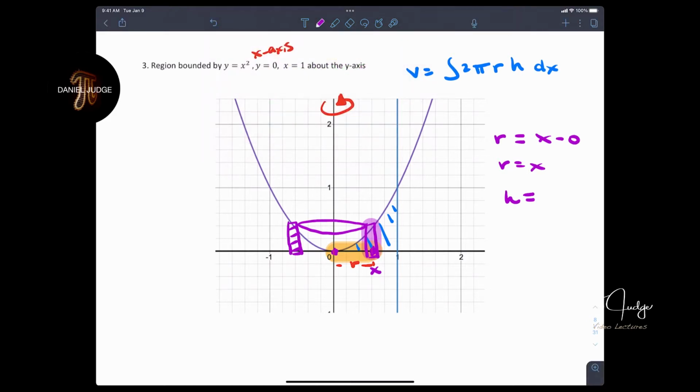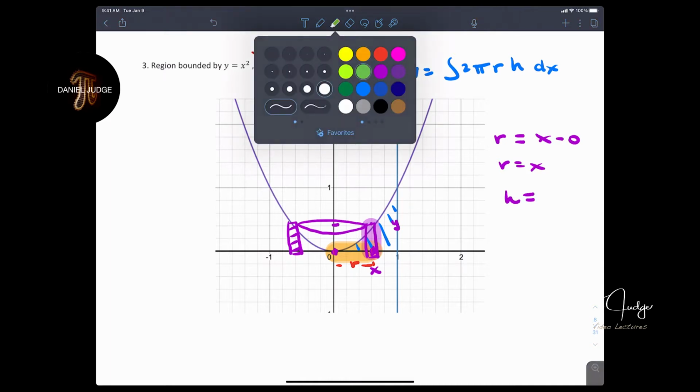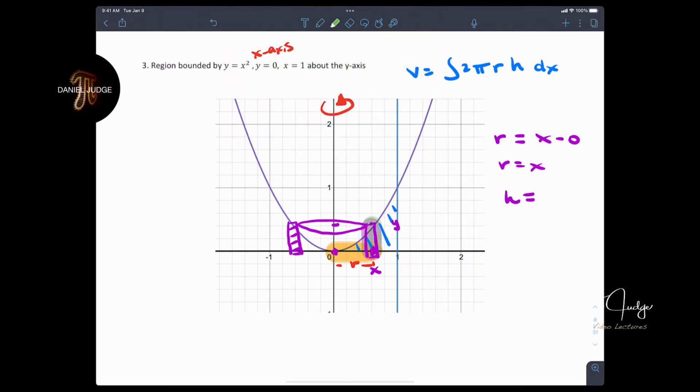And how we find a vertical distance, notice for this particular x, it's going to be the y value. So for vertical distance, which represents your height now, it's the height of that approximating rectangle for that cylindrical shell. Well, that's the top value, which is y, minus the bottom value again.